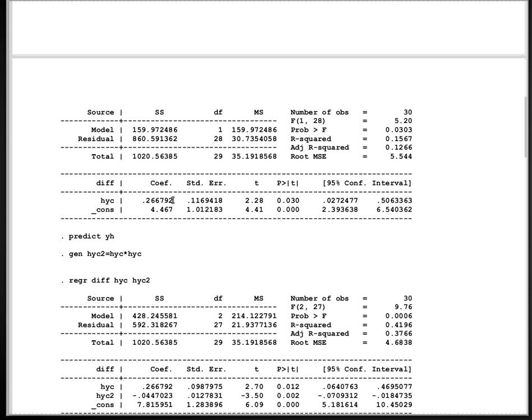You can see the difference is positive, with a p-value less than 5% and a t statistic of 2.28, an indication that the change in yield is changing over time, changing with regard to that slope.